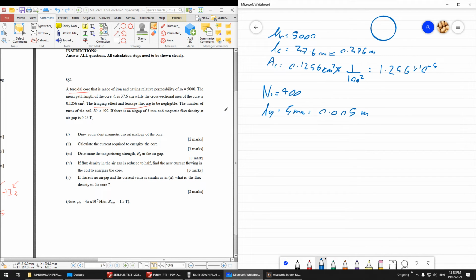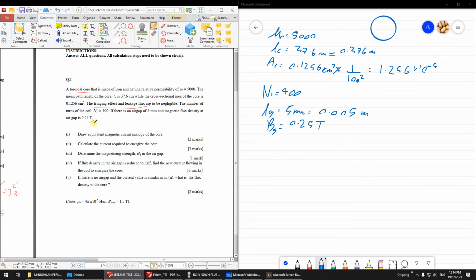And the magnetic flux density at the gap, Bg, is equal to 0.25 Tesla. If you don't know what magnetic flux density is, you look at the unit.